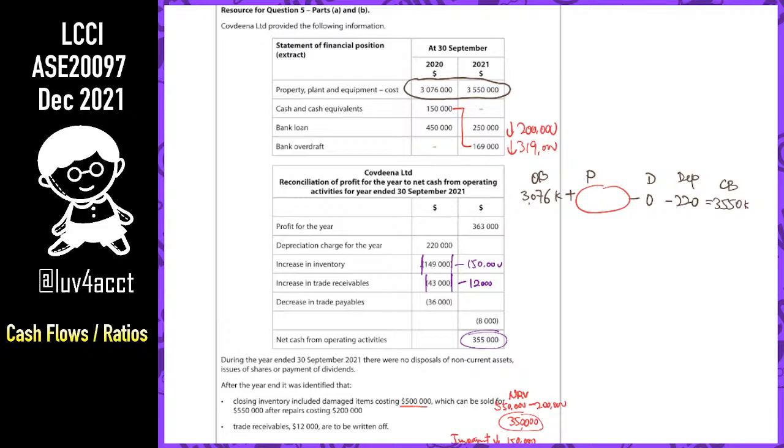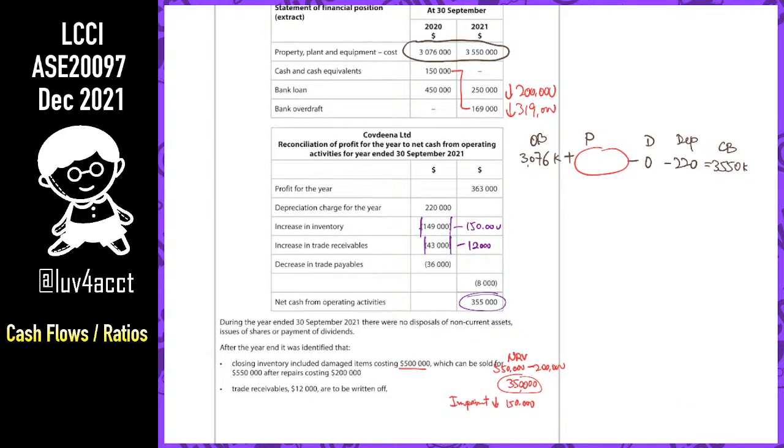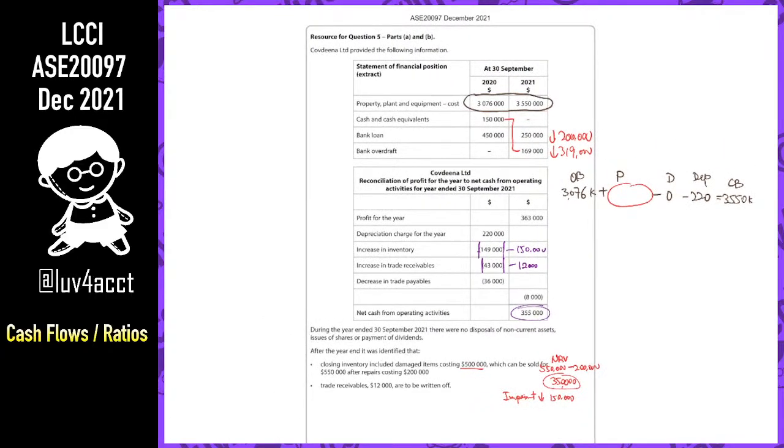Let me see again. How come? Plus depreciation charge.